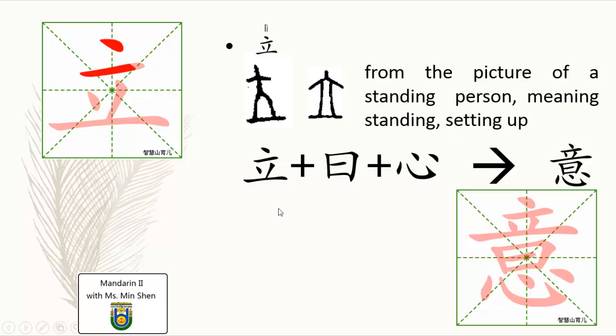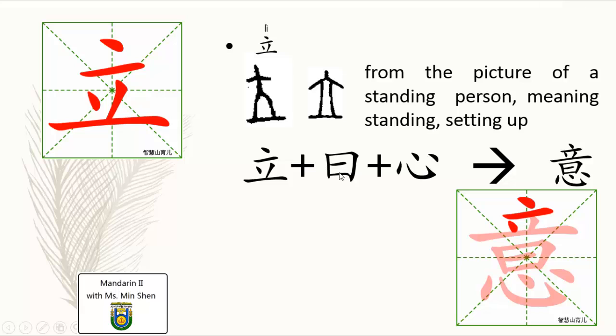Now let's look at what we set up today. We set up, so combine characters, set up something to do with mentality, with thought. And this character looks like a 日, but it's not 日. It's more vertical, right? 日 is slim and more horizontal.